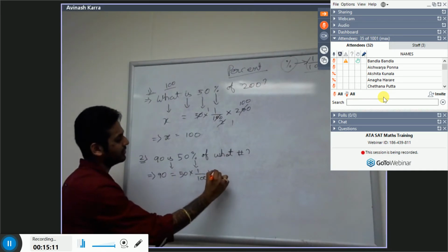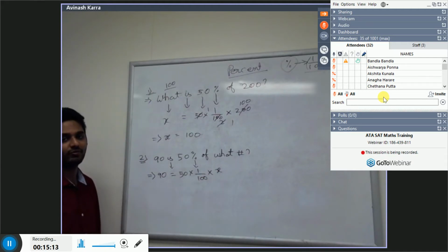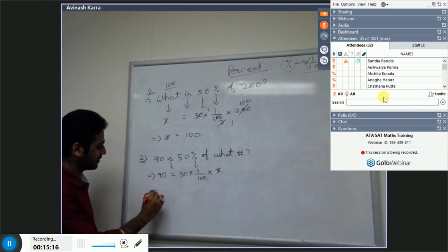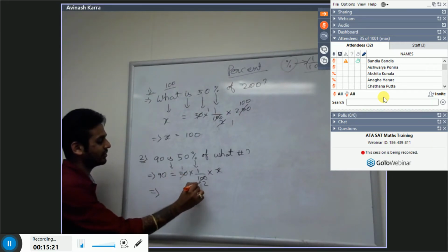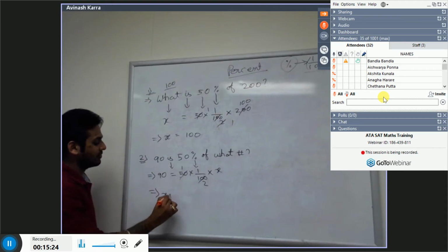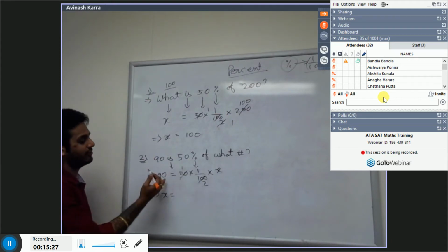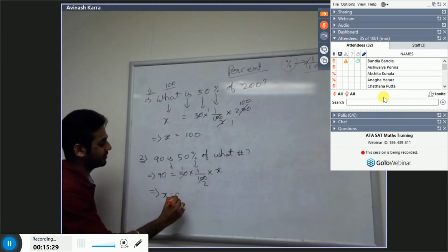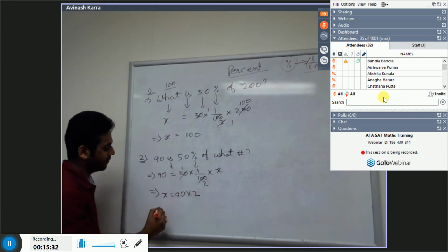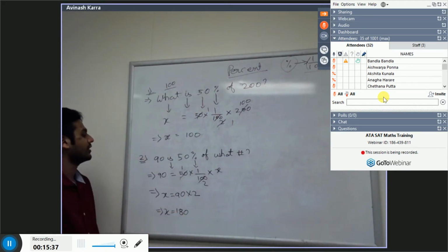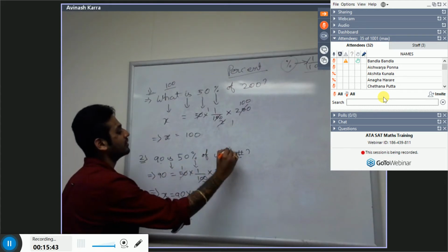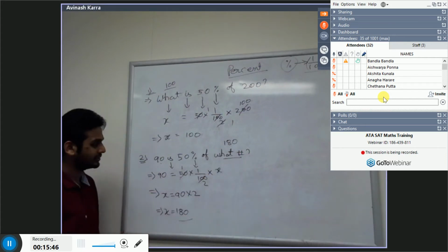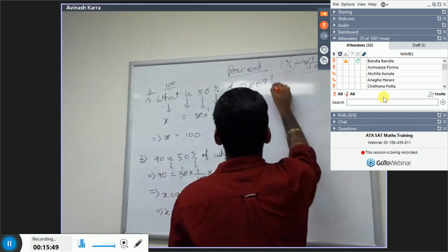You don't know the number, right? So that is x, I'm using the variable x. If I simplify this, 50 ones are 50, and x is equal to 90 into 2. Here it is dividing; if it goes to the other side, it multiplies. So x is equal to 180. So 90 is 50% of 180. Next, coming to the third statement.